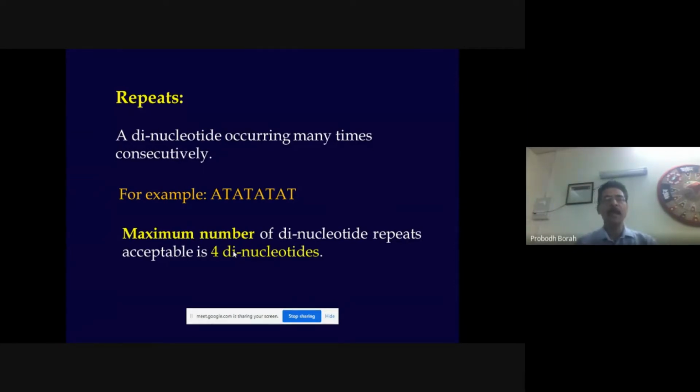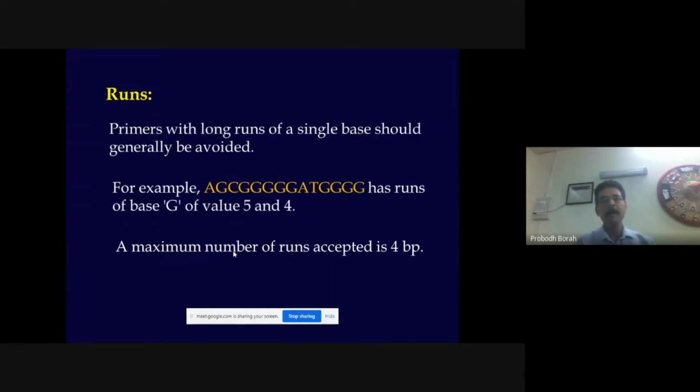So we should not allow the primers to contain 4 or more dinucleotide repeats. Normally, it should be restricted to 3 if possible, but sometimes we may accept up to 4 maximum, not beyond 4.